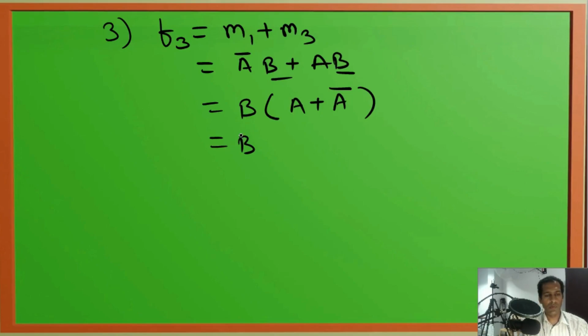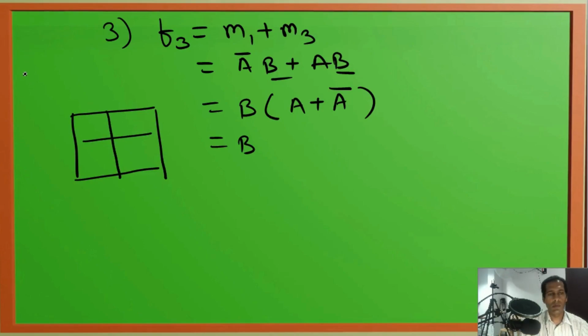Similarly, we can have various combinations, and for this if we draw the 4 squares, then we can mark ones. Here it is 1 and this is 3. 0 1 2 3. Remaining 2 will be 0. So we have to make a combination of these two. This is A, this is B.